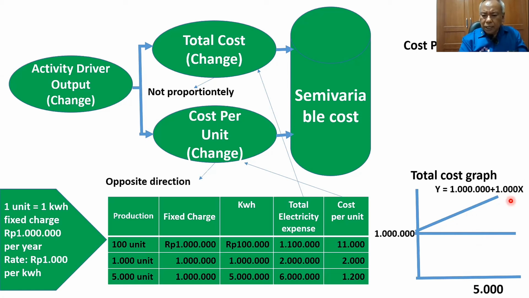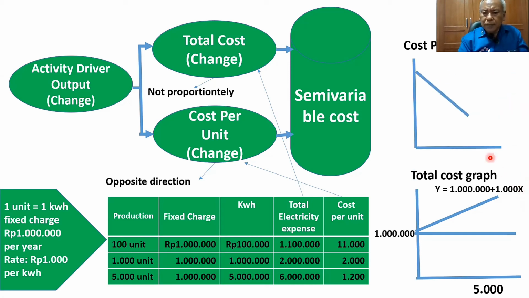So we can make the formula 1 million plus 1,000 X. X in this case is kilowatt hours, the units produced, because to produce 1 unit we need 1 kilowatt hour, so we can replace this by units produced.